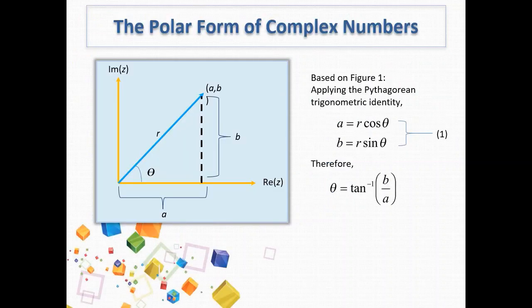Alright, what is polar form? Polar form is changing the way you write the standard form into trigonometry function, where you need to express A and B in trigo function.